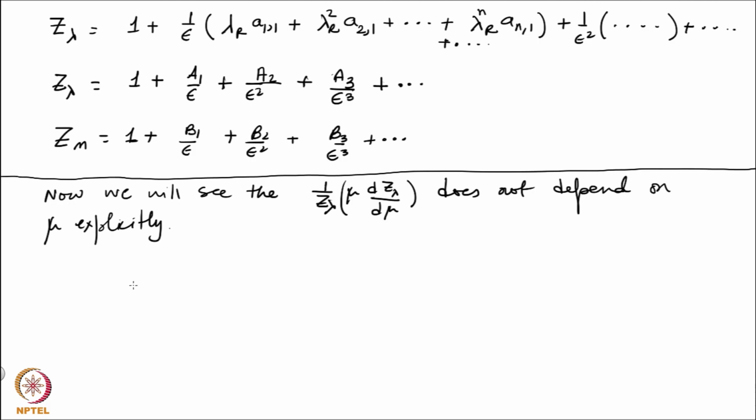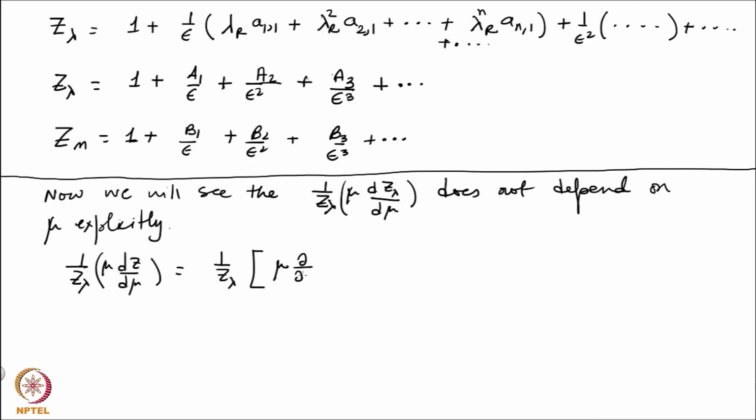Okay, so how do we see that? So 1 over z lambda times mu dz lambda over d mu, okay, this is 1 over z lambda, and then let's write the total derivative as the partial derivatives.